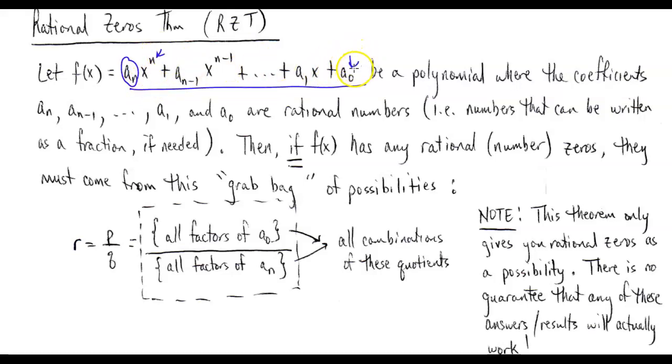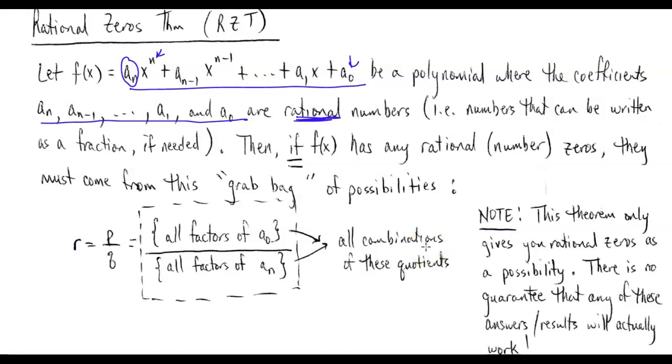And of course, my a sub 0 is going to be the constant term for my polynomial, okay? So if we let our function here be a polynomial where all of my coefficients are rational numbers, and that's a key thing. So in other words, a number that can be written as a fraction.